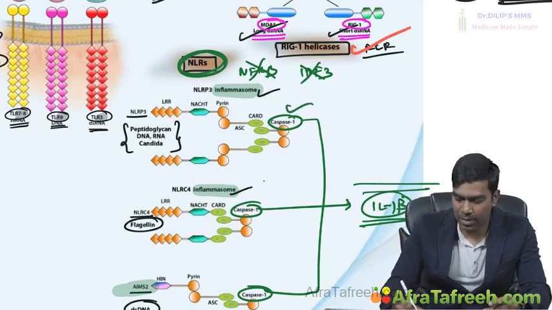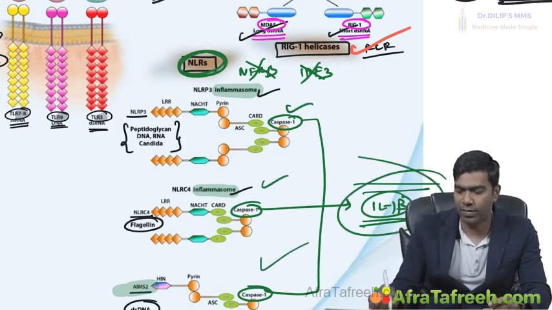This caspase activation followed by interleukin 1 beta activation is what we refer to as the inflammasome pathway. So remember, usually other receptors apart from the NLRs activate mostly NF kappa B or IRF3, but this NOD-like receptor inflammasome pathway predominantly activates the caspase pathway and interleukin 1 beta. This is a major difference between these.